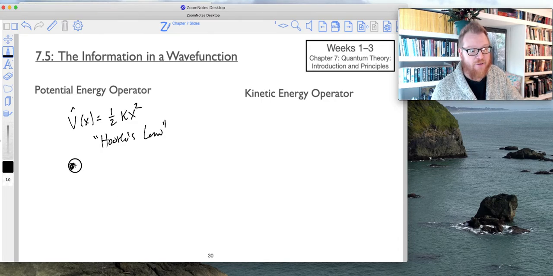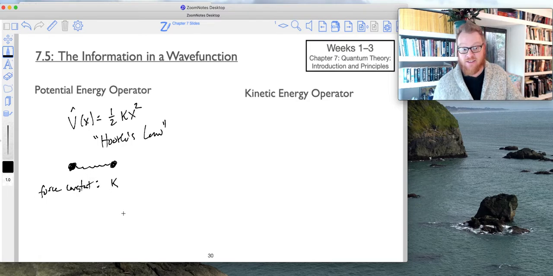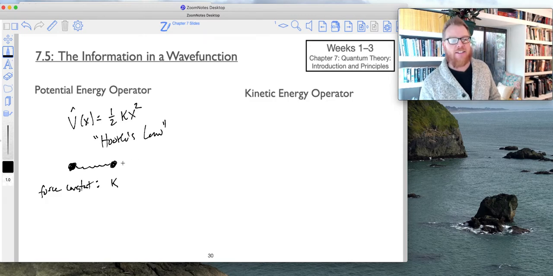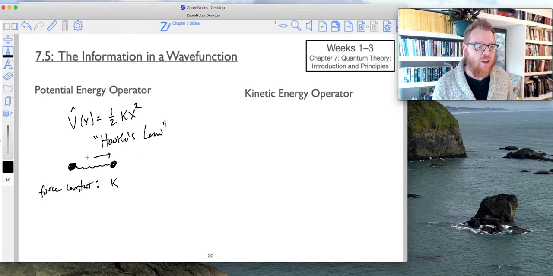So if I have two masses on a spring, recall there's force constant K. I know we're using the letters over and over again. So the force constant of the spring, or the spring constant, is K, and it is displaced over some distance x.